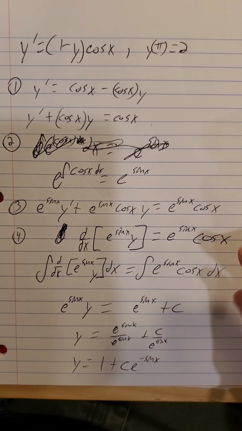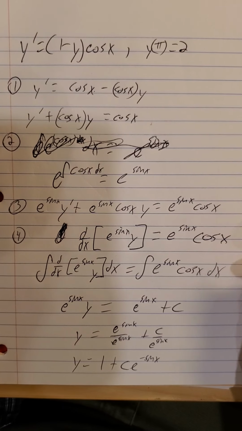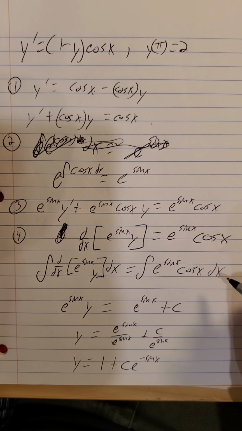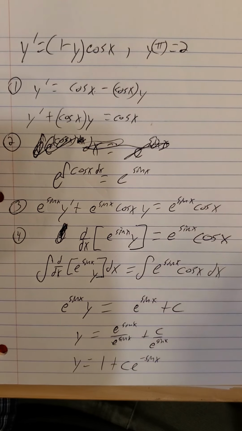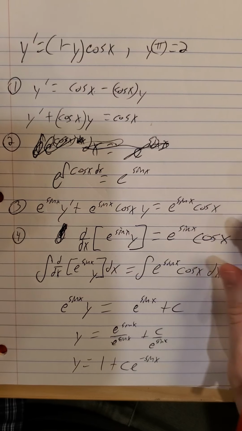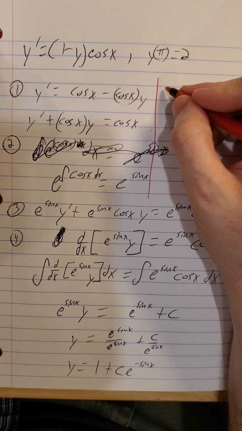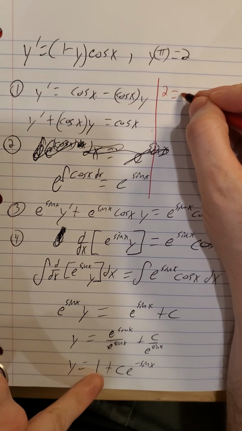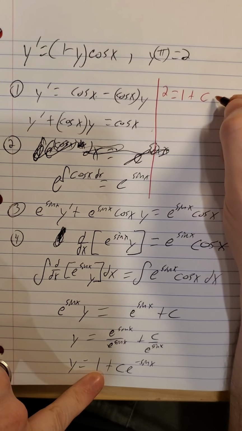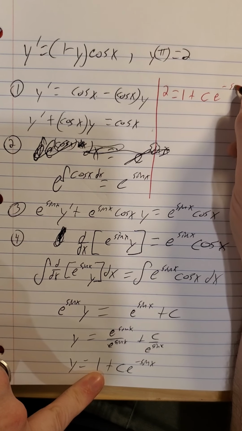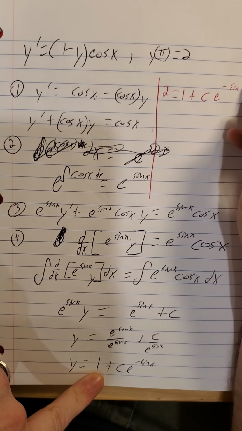Then we finish it off with plugging in the fact that y of pi is 2. We can actually find the c value. Against my better judgment, I'm going to try and squeeze that in up here. So 2 equals 1 plus c e to the minus sine pi.